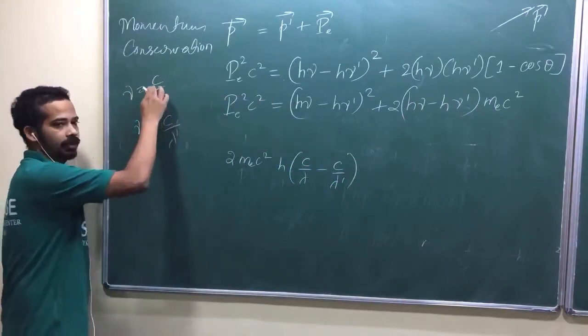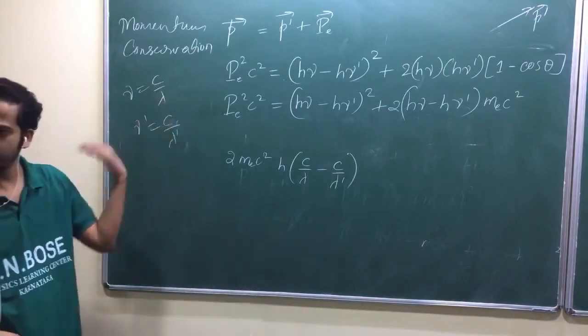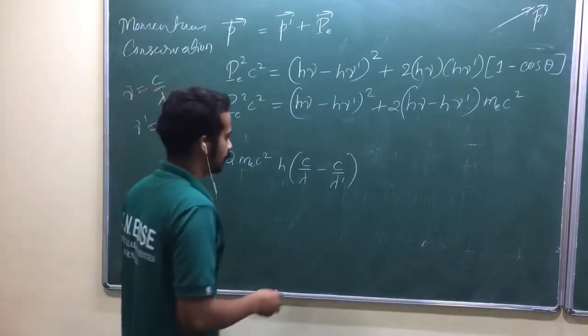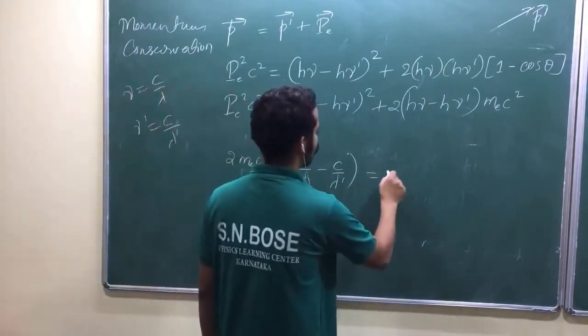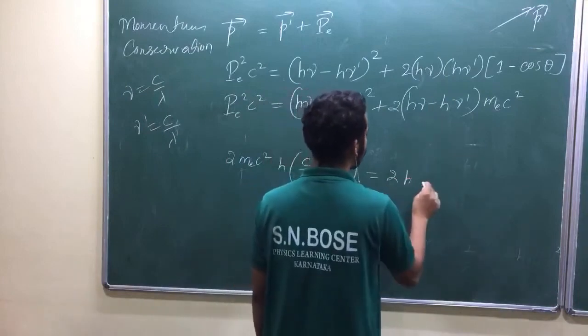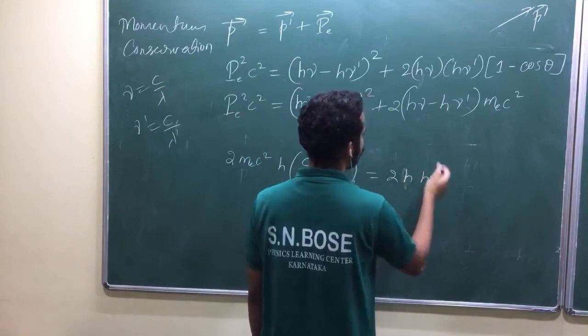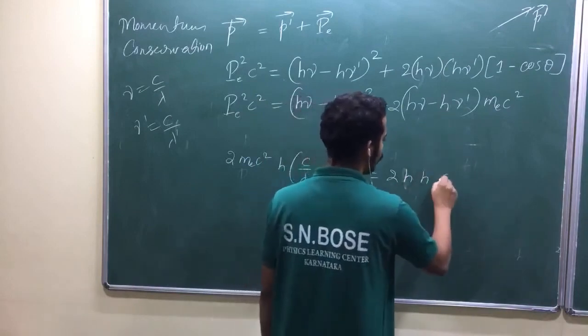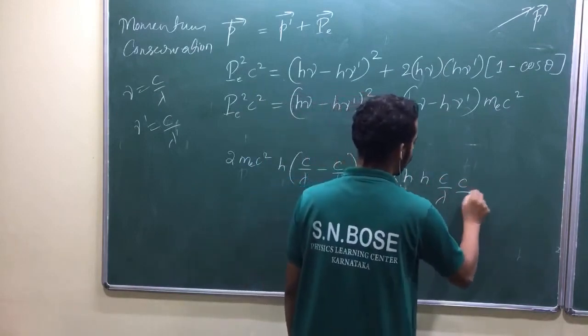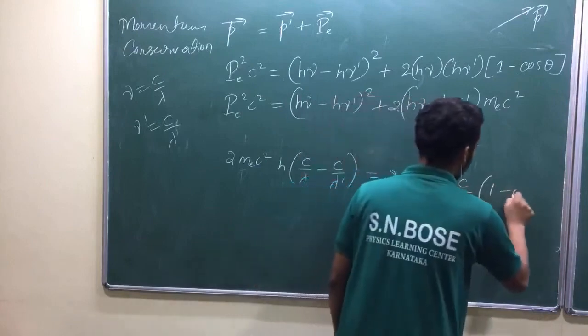Don't write c prime, okay? Both of them move with the speed of light only. So that is equal to 2 h into h nu into nu prime, that is c by lambda into c by lambda prime into 1 minus cos theta.